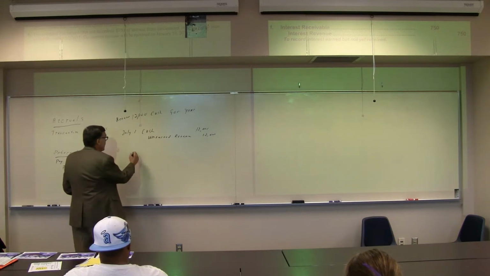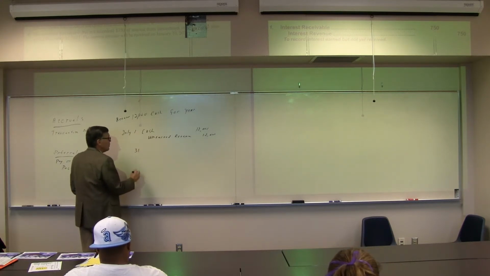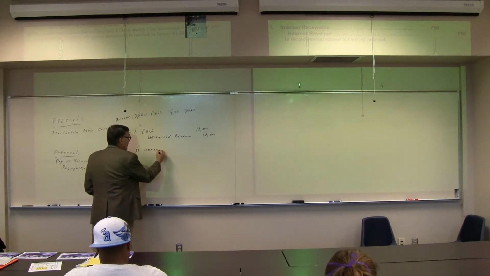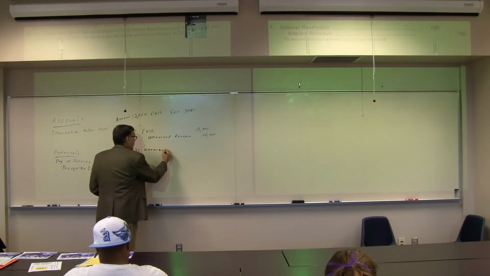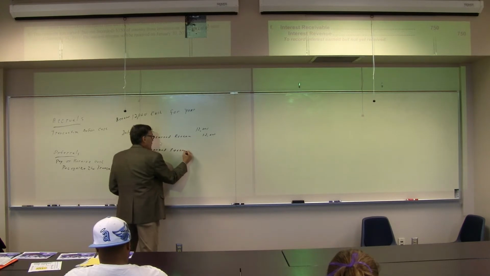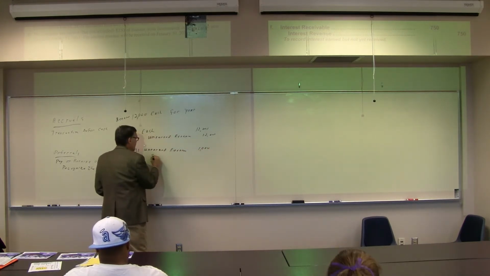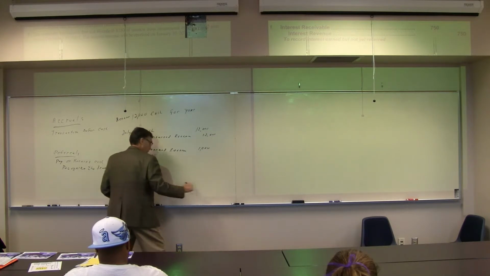So then July 31st comes by, 1 month has been used up, and so now unearned revenue is debited for the amount that you do not owe, and service revenue, or client revenue, or we'll make it legal revenue.